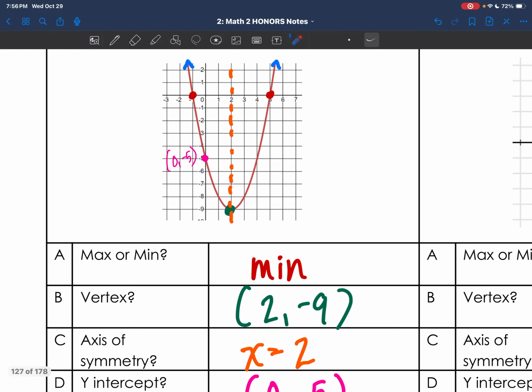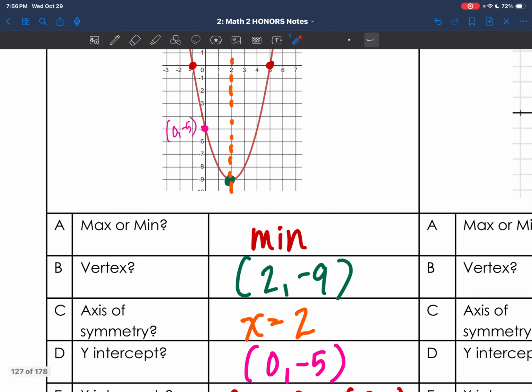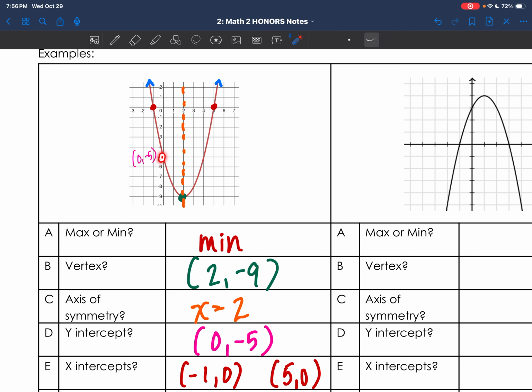The axis of symmetry, remember, goes through the vertex. It's the x value of your vertex, and it's also equidistant from your x-intercepts. The y-intercept is right here, 0, -5.